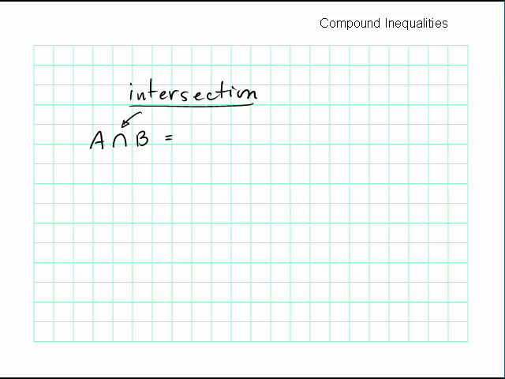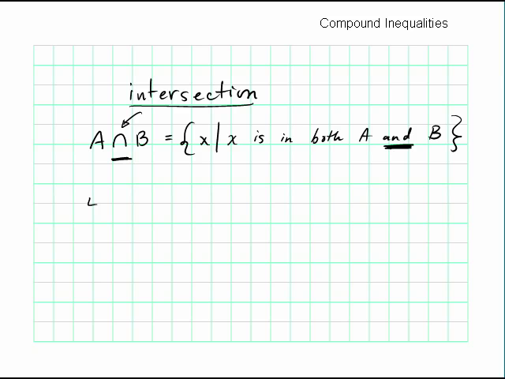A intersect B means you want all of the numbers or elements, x, that are in both sets A and B at the same time. So x is in both A and B. The key here is "and." You want to really think of the "and" as meaning intersection. Intersection and "and" are the same thing, really.